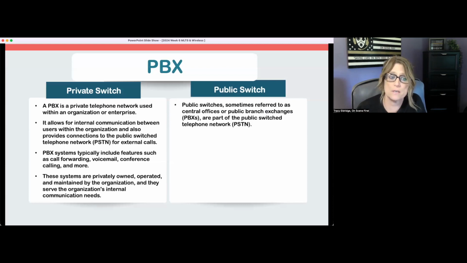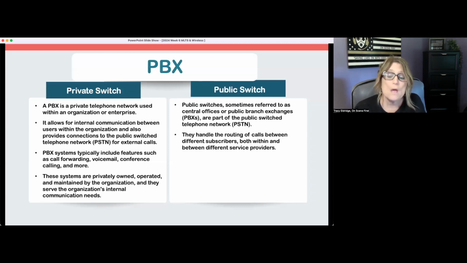Public switches, sometimes referred to as central office or public branch exchanges, are part of the public switch telephone network also, but they're the piece that is handling the routing of the calls between the different subscribers, both within and between different service providers.